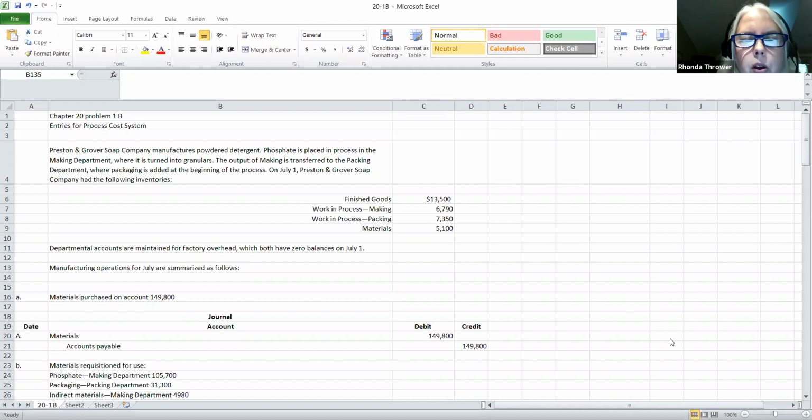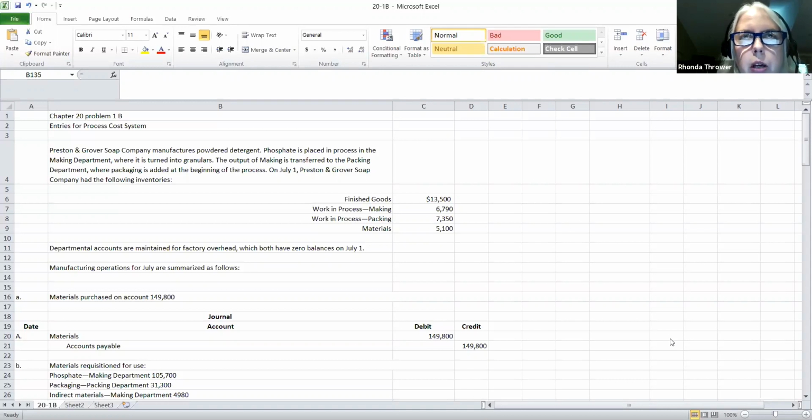So in a process cost accounting system, we're going to manufacture units that are very much alike in nature. That's different from the job order type of cost accounting system that we did last chapter, where we were manufacturing custom types of products. You might recall from chapter 19, when we talked about job order cost accounting system, with every order that we got, we kept up with a job order cost sheet for each order.